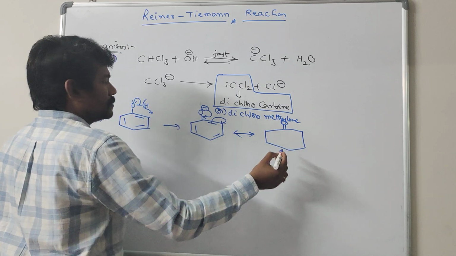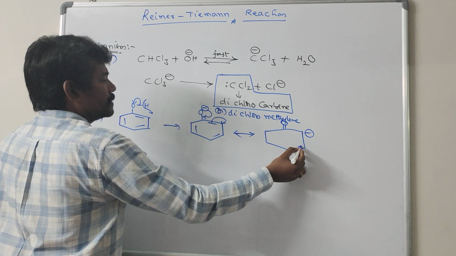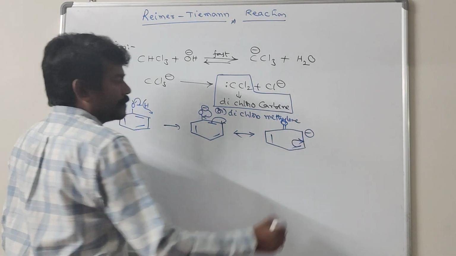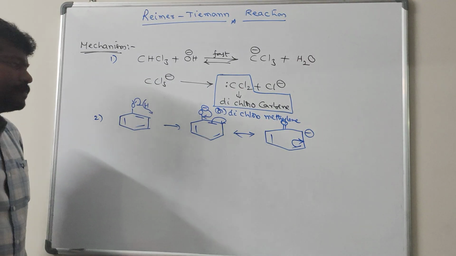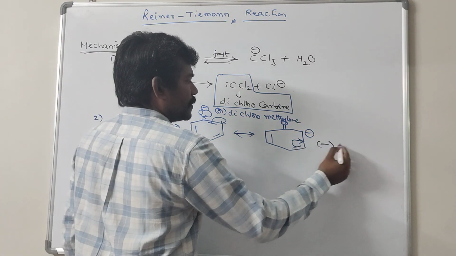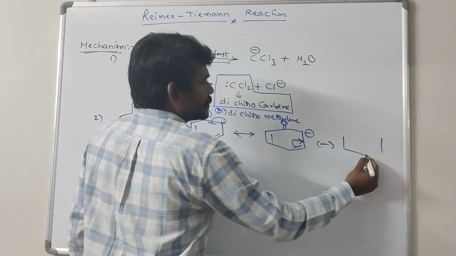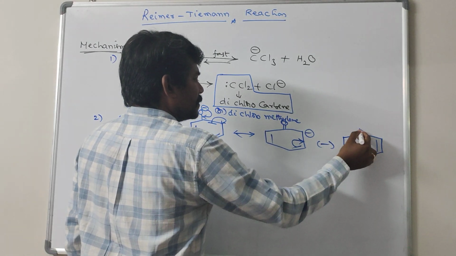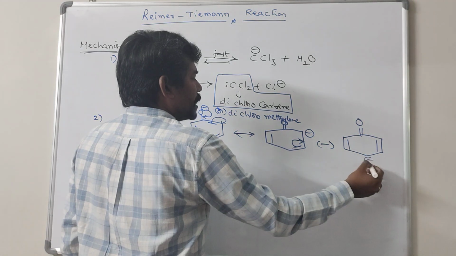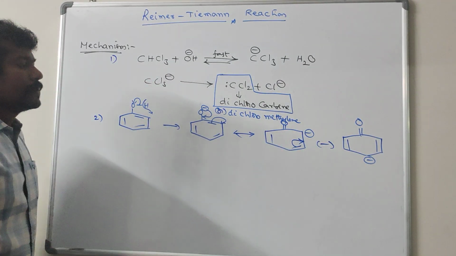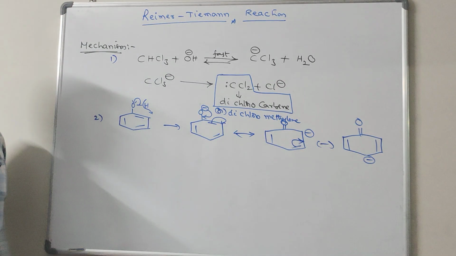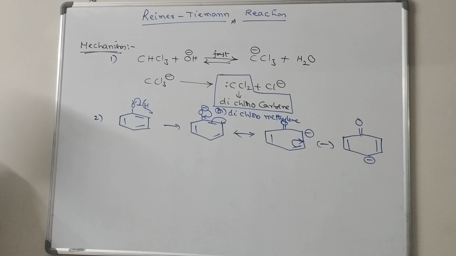Double bond, O minus here. And again the electron shifting takes place like this, and we get another double bond, O minus. So the negative charge appears at the ortho and para positions.